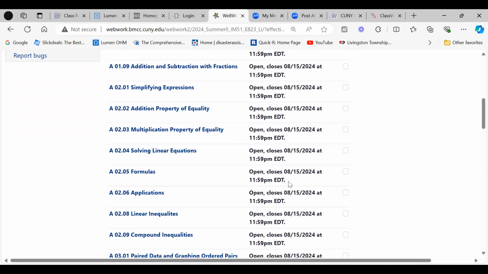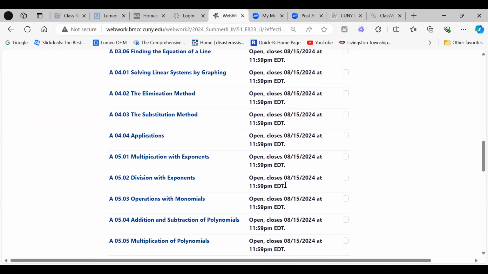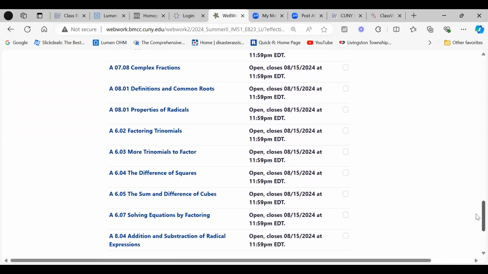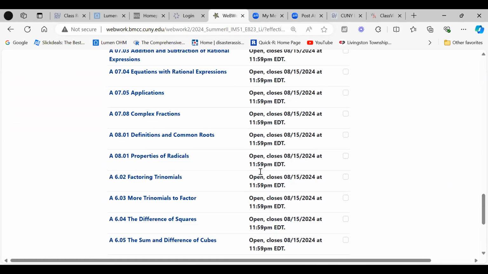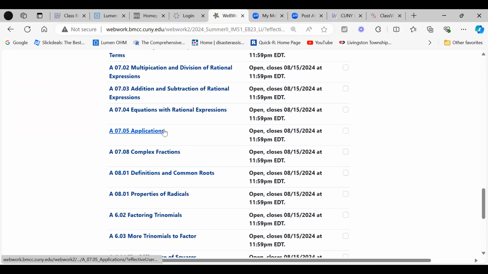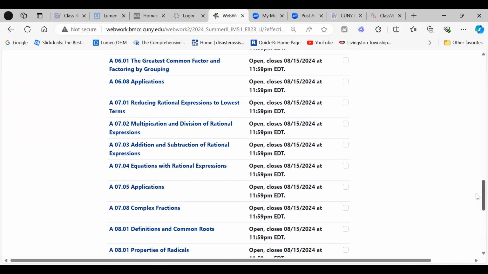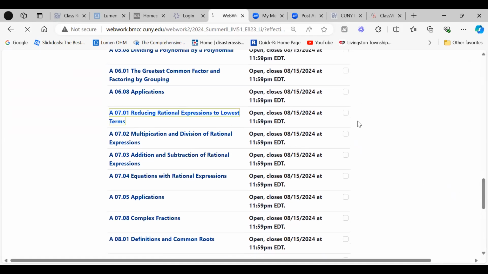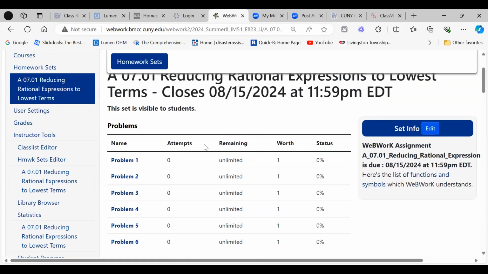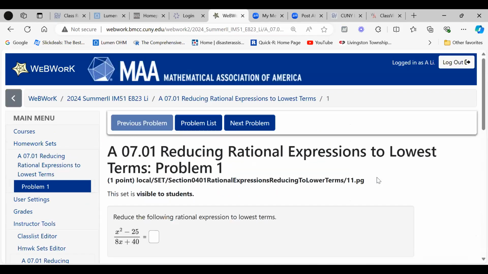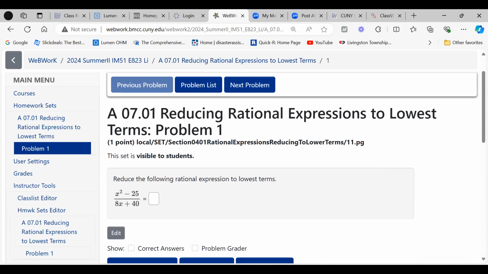And let's look at 7.1 first. Reduce the rational expression to lowest terms. Okay, so let's take a look at it. Question number 1. You guys try this really quickly.